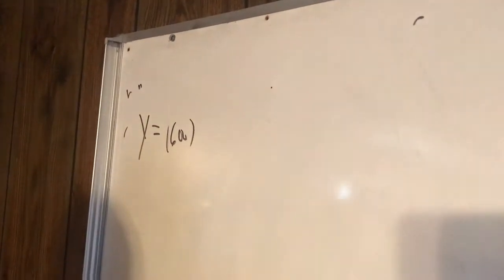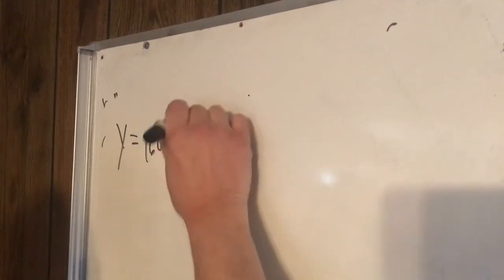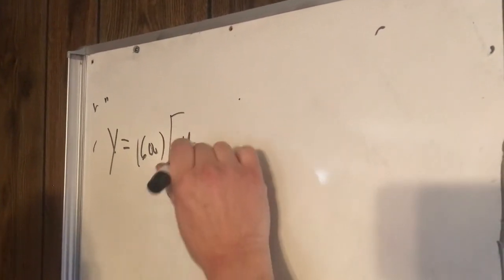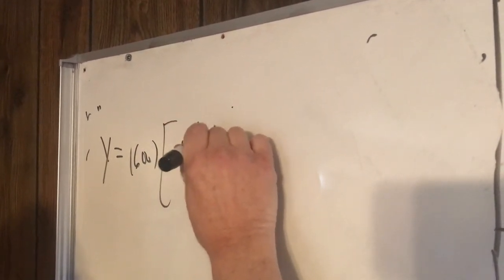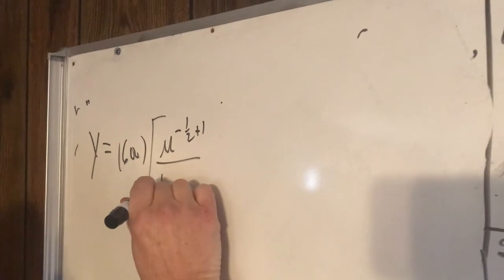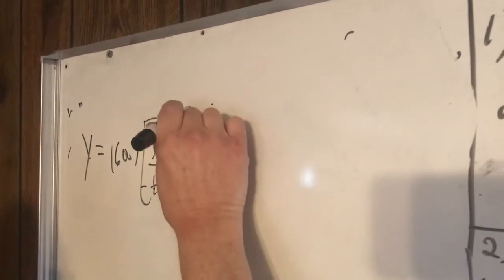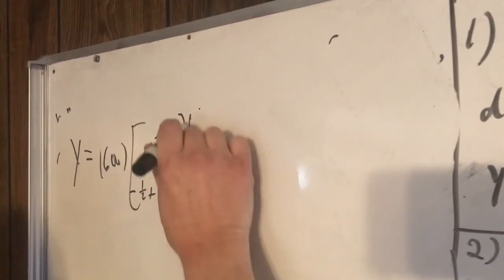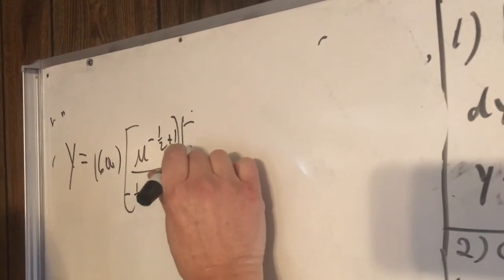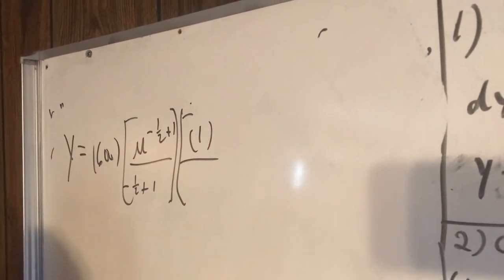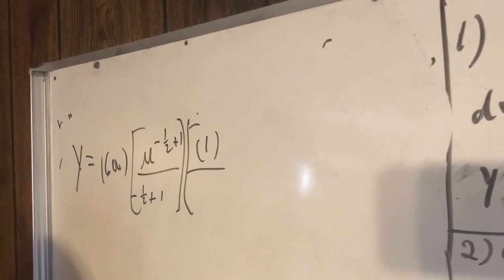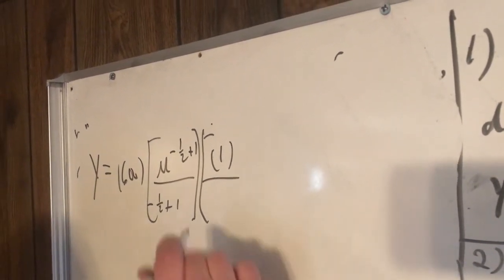Okay, 600, U to the minus 1/2 plus 1 over minus 1/2 plus 1. F of x is 1. And B is, what is it? 3.